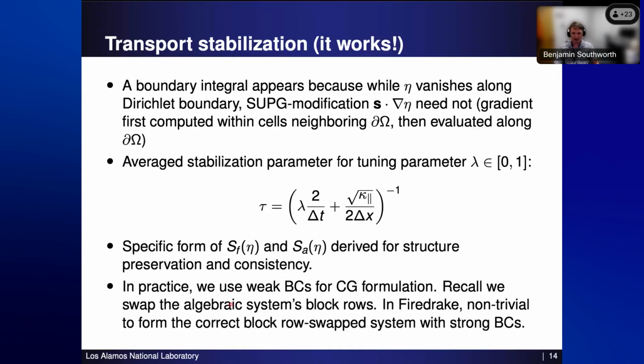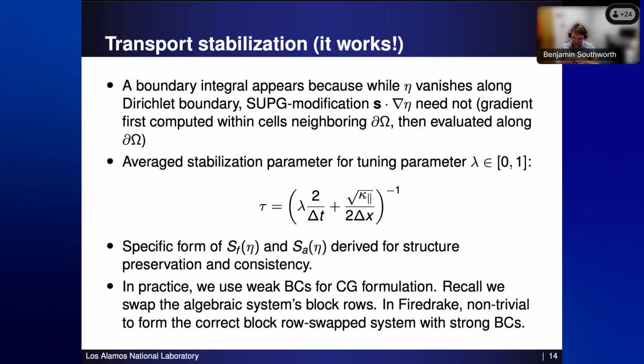Well, and then finally, in practice, we use weak boundary conditions for the continuous Galerkin formulation. And this is non-standard. Typically, if you use CG, then you use strong boundary conditions. But you have to remember that when we're doing this, a big part of the algorithm is swapping the rows of the assembled system so that in the mixed formulation, the mixed operators are actually on the diagonal.